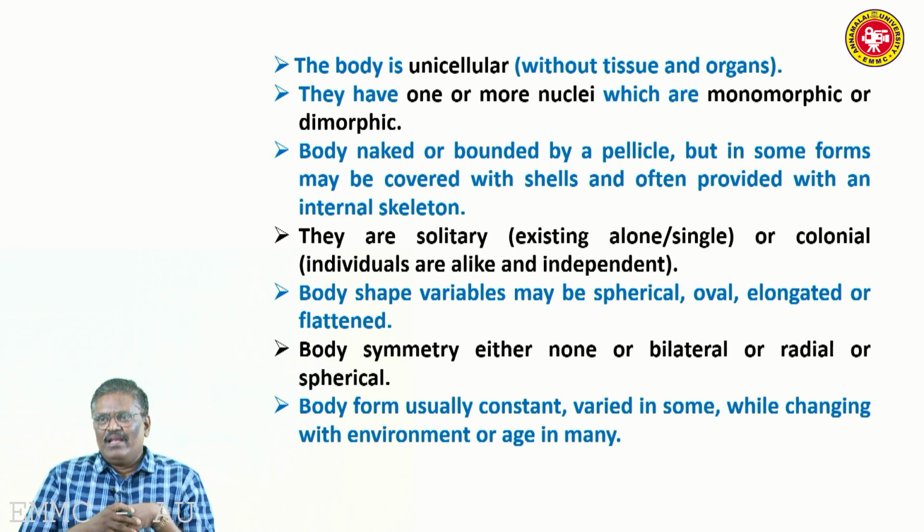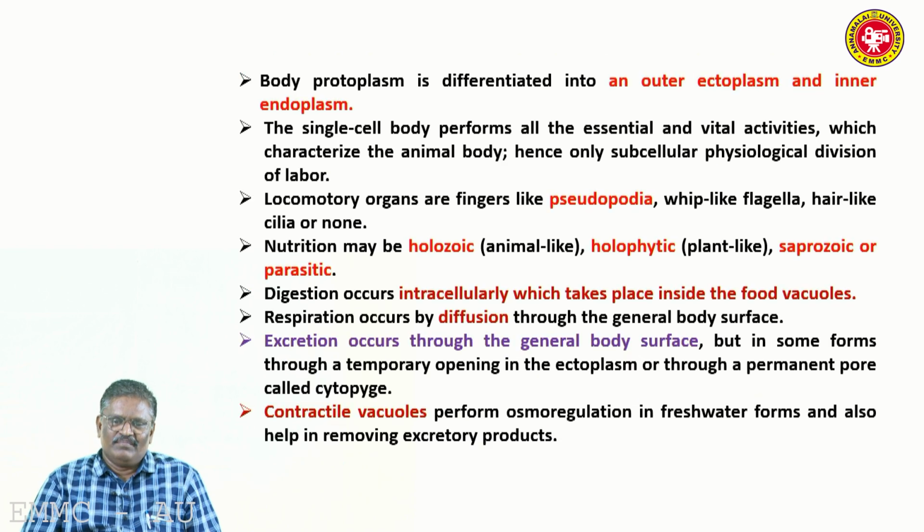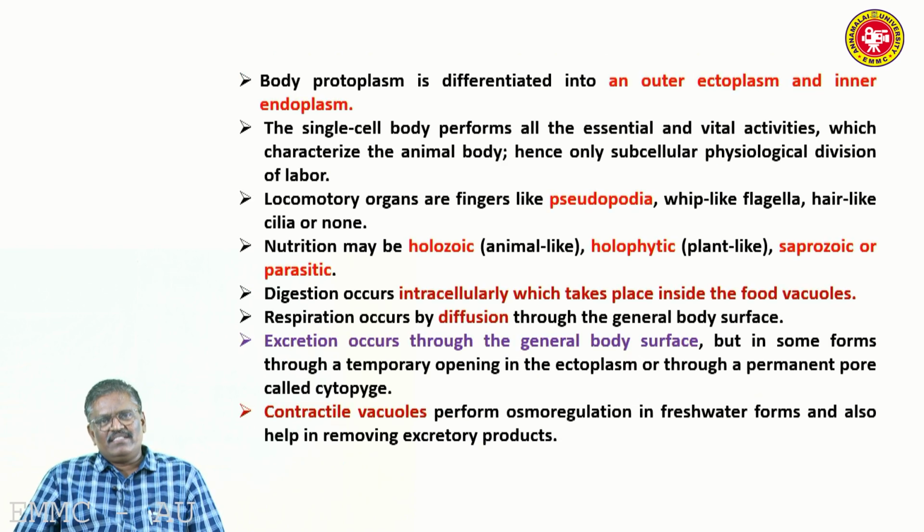Body shape is variable, maybe spherical, oval, elongated or flattened. The body is either asymmetrical, bilaterally, radially or spherically symmetrical. The body form is usually constant, but varies in some with the environment or aging. The protozoan protoplasm is differentiated into an outer ectoplasm and an inner endoplasm.